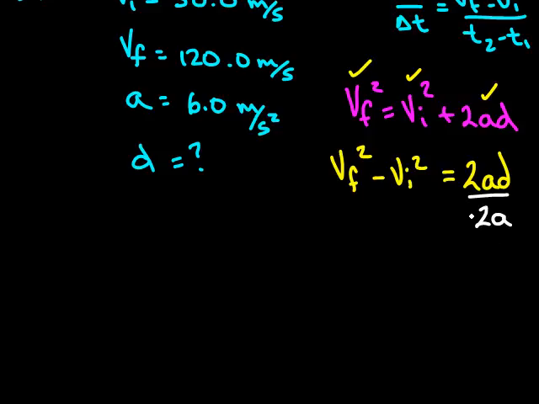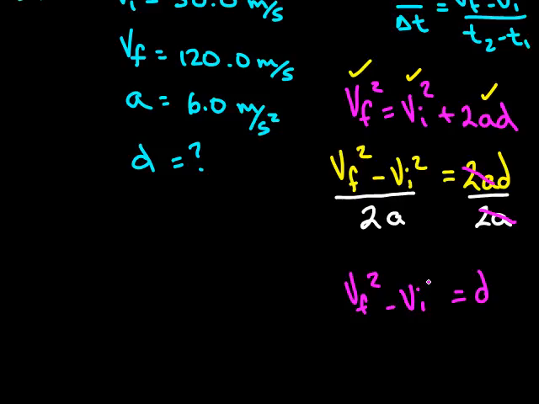And of course, whatever we do to one side when we have an equals, we have to do to the other side, so we're going to divide that side by 2A. All right, next we'll have this 2A cancel out, 2A divided by 2A, leaving us with D is equal to VF squared minus VI squared all over 2A.